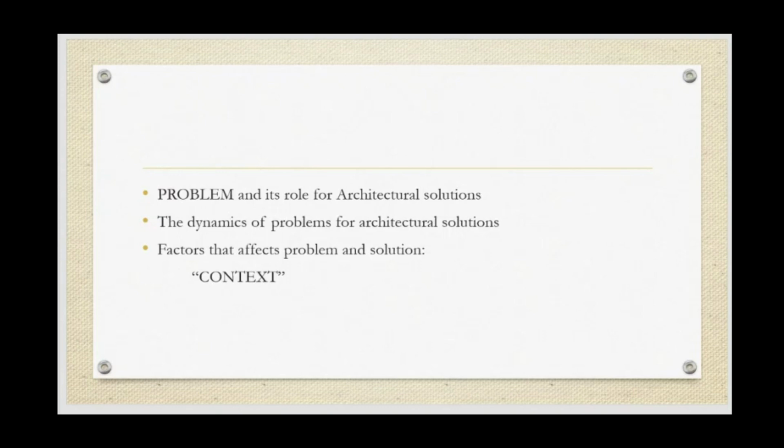Again, the dynamics of problems has to be clearly understood for the architectural solutions. We have to understand the dynamics of the problems, because the problems are very volatile. So what are the different factors that create a problem, and what are the different factors that lead to a problem, has to be understood very well for an architectural solution.